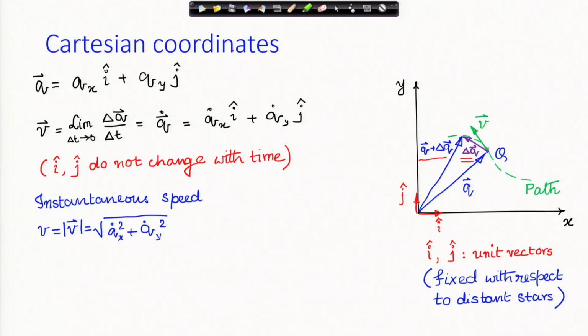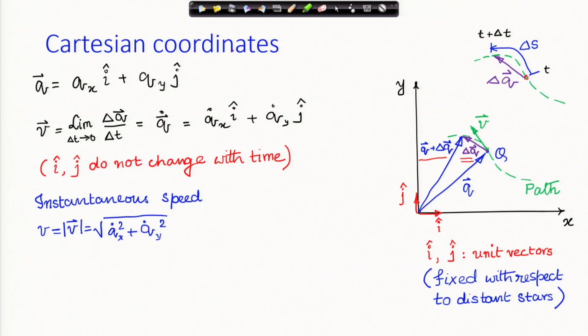Remember, speed is a magnitude quantity, always positive, and this is the magnitude of the velocity vector, and I have written out for you the expression.